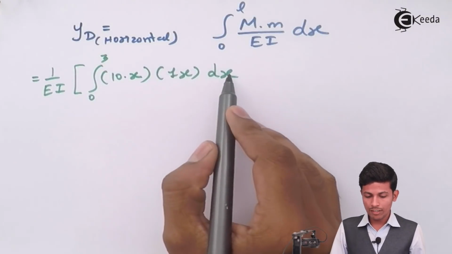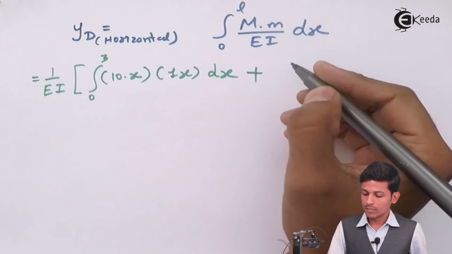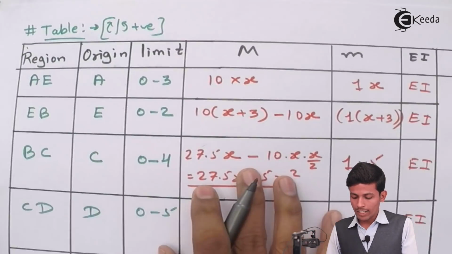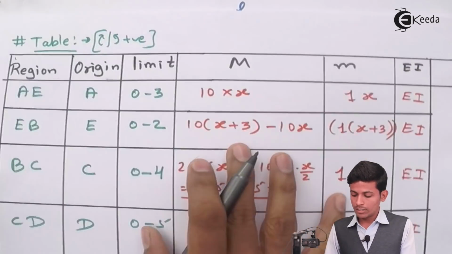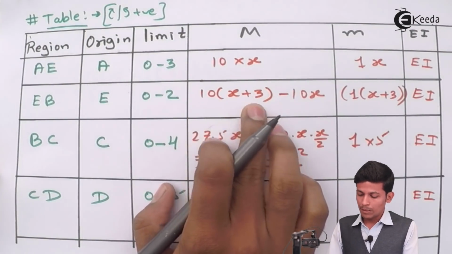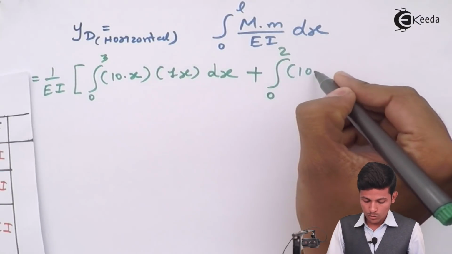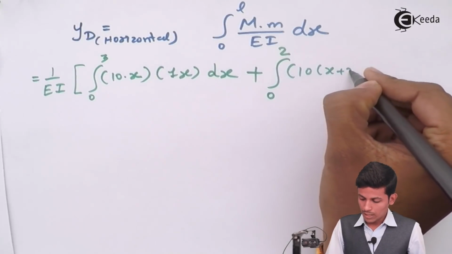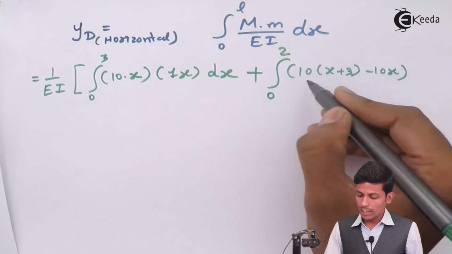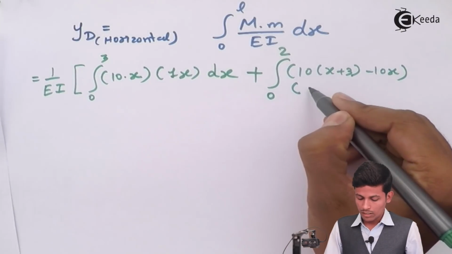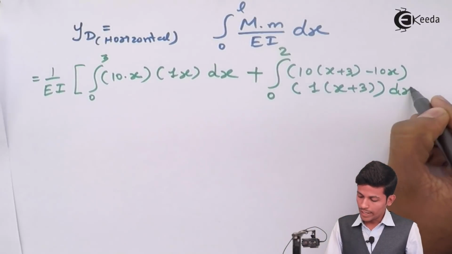Now after that we have to do plus integration 0 to 2. Now 10x plus 3 minus 10x. So write like this: 10 into x plus 3 minus 10x in the first bracket, and 1 into x plus 3 in the other bracket, dx.